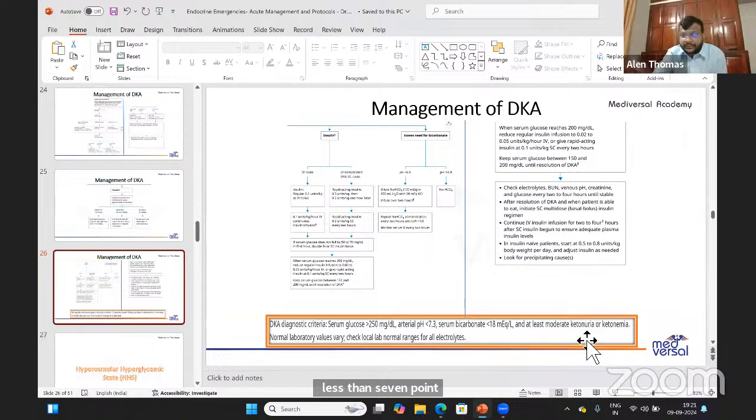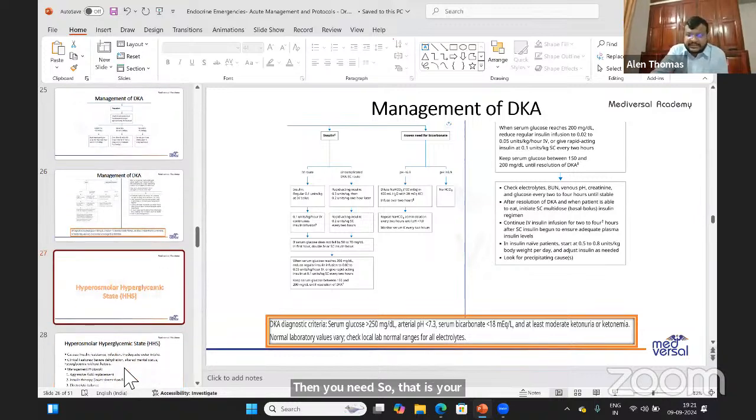Plus, you need to have ketones positive, urine ketones or blood ketones. Urine ketones are very easily available in the casualty. Blood ketones take time to come. So urine ketone, even if that's positive, it's considered as ketotic. And of course, ABG is on the acidotic side. So that is your DKA.